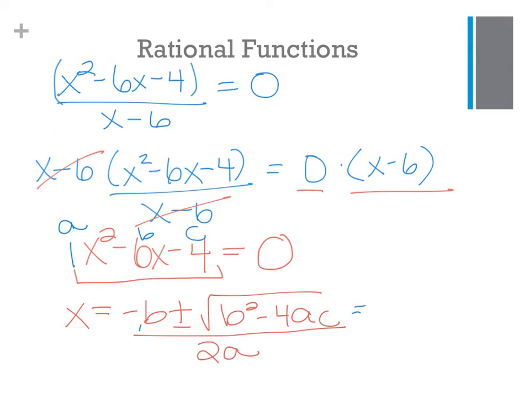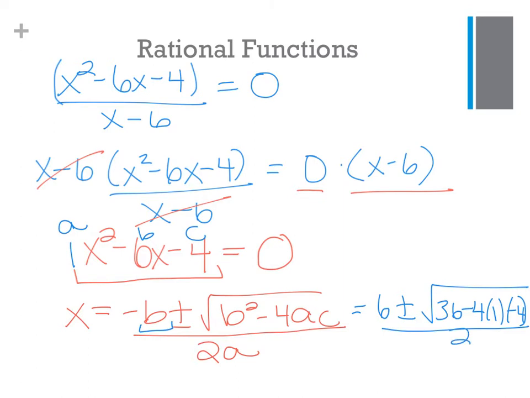So if I take the opposite of b, that gives me 6 plus or minus the square root of 36 minus 4 times 1 times negative 4, all over 2. And I get 6 plus or minus the square root of 36 minus, if I multiply these three numbers together, negative 4 times 1 times negative 4 is going to give me a positive 16.